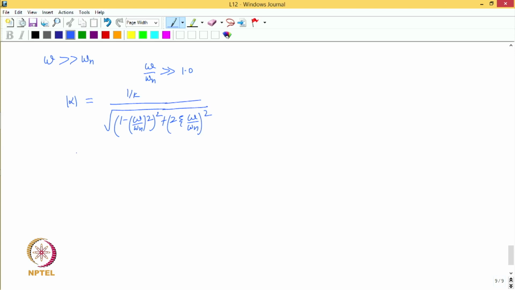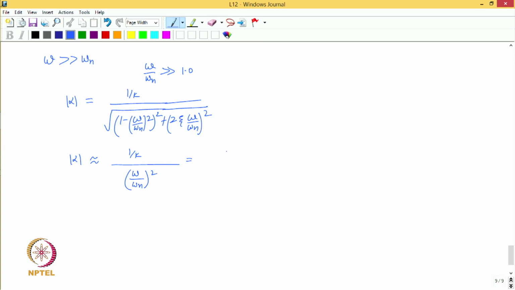If we take the limit when omega upon omega n becomes very large, the magnitude can be approximated as 1 by k in the numerator, and in the denominator the term (omega upon omega n) square dominates the rest of the terms, so we approximate the denominator as (omega upon omega n) square.